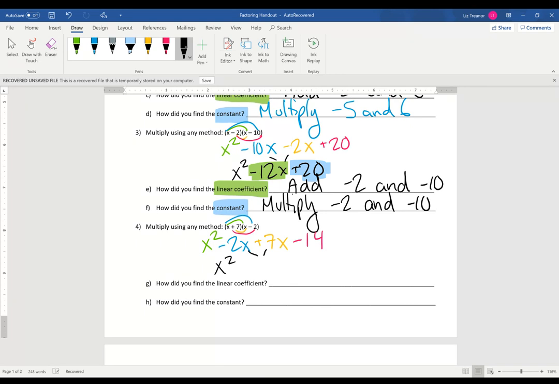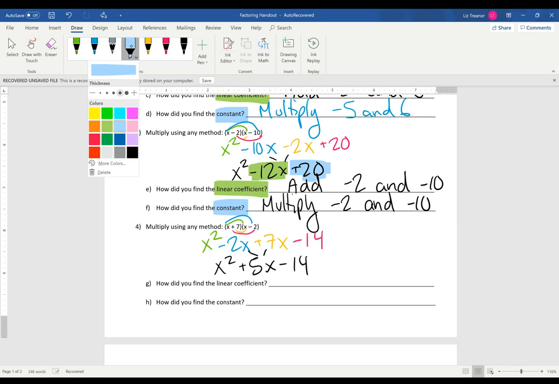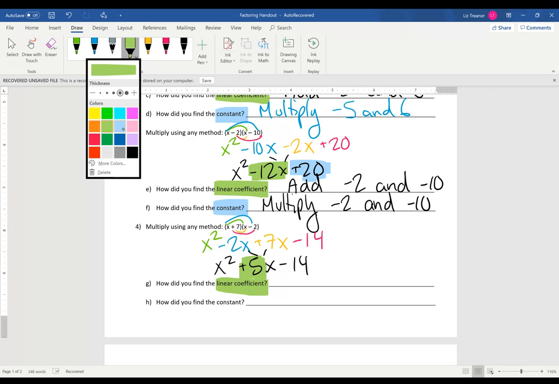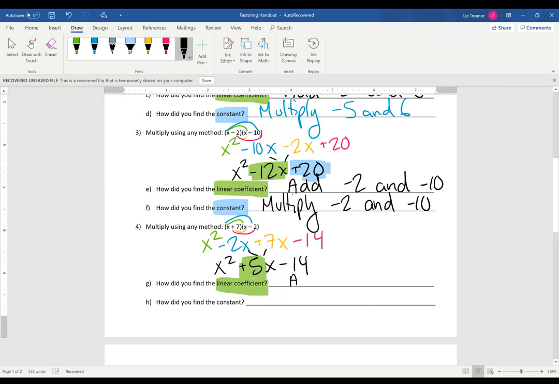Combine like terms, and we get x squared plus 5x minus 14. How did we get the linear coefficient in this question? We added 7 and negative 2. And how did we get the constant, which is negative 14? We multiplied 7 and negative 2.